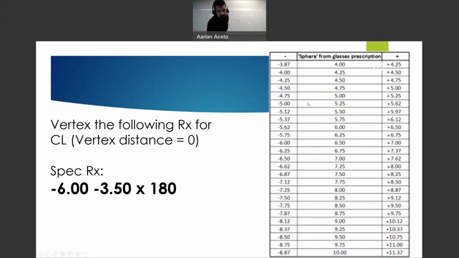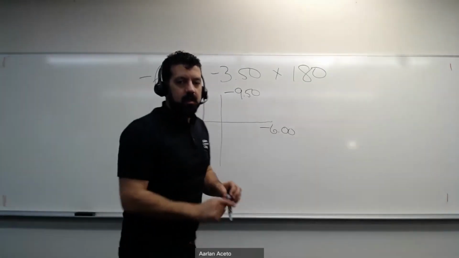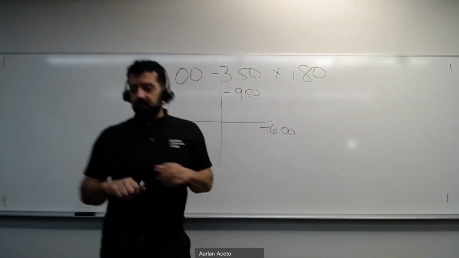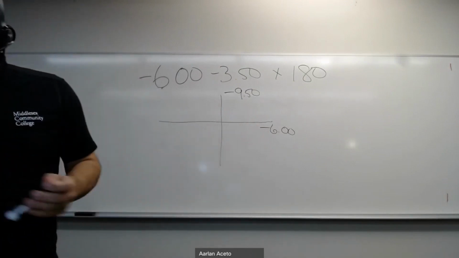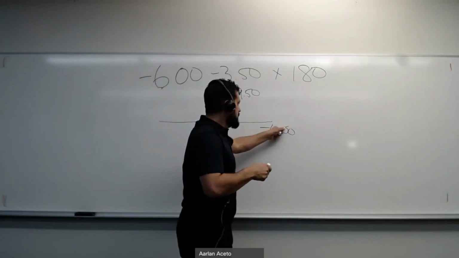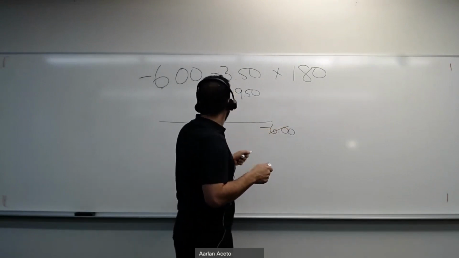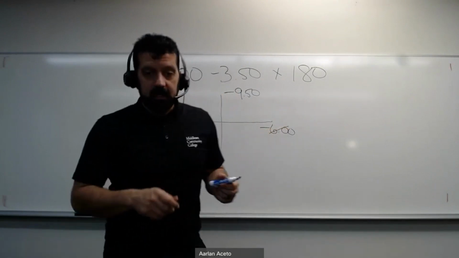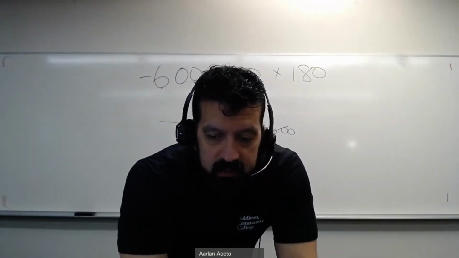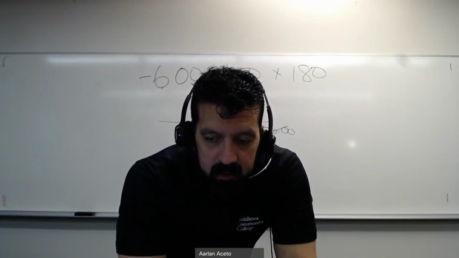So let's go back. Stop sharing. For contact lens purposes, let's use a different color so you can tell the difference. Maybe we'll do a blue. Actually, let me rephrase this. I do apologize, I used the wrong number.